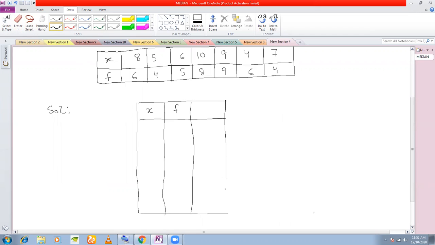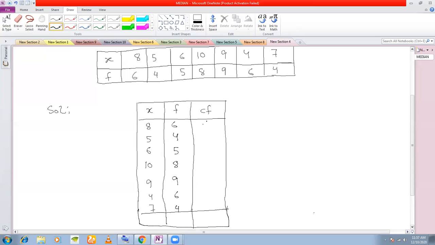So CF, we have to find cumulative frequency. You write down the observations first, then the frequency, and now cumulative frequency.